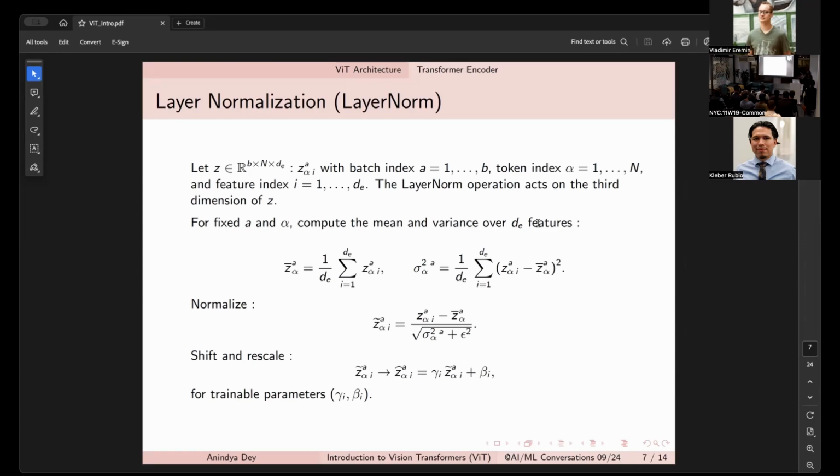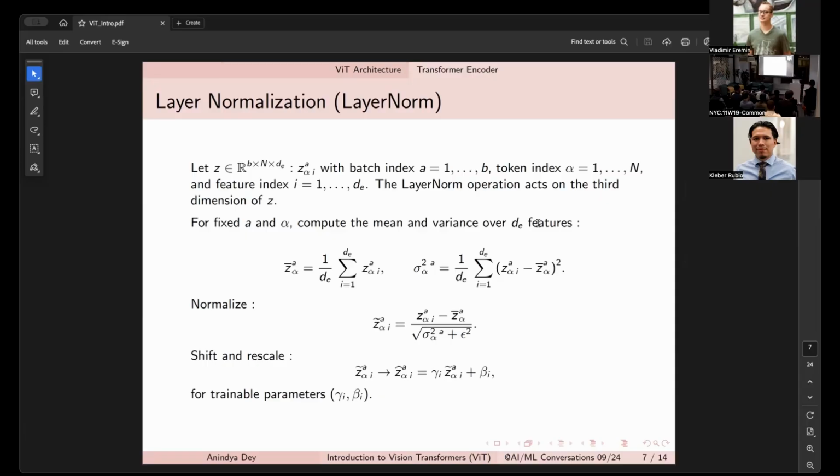So they are very much like batch normalization, just that the index on which they are acting is different. If it were batch normalization, it would be like gamma A. Here it's gamma I. So it's interesting how this is independent of the batch index and also the token index.